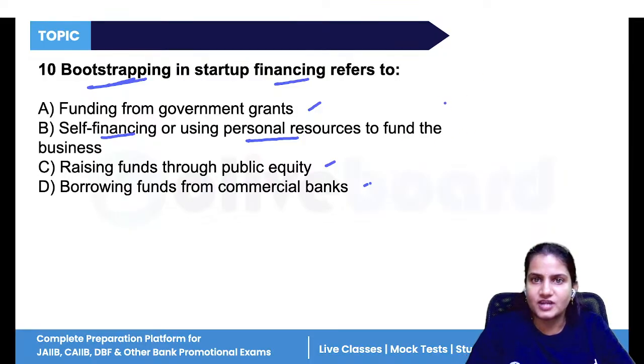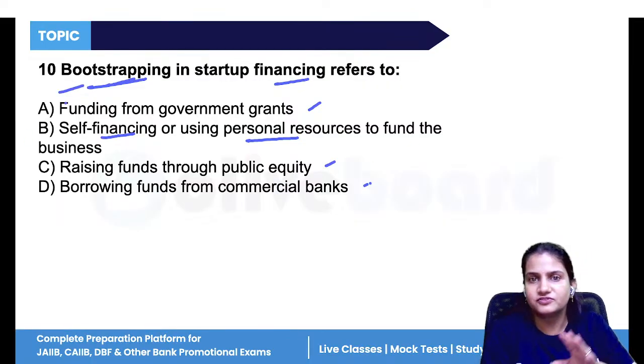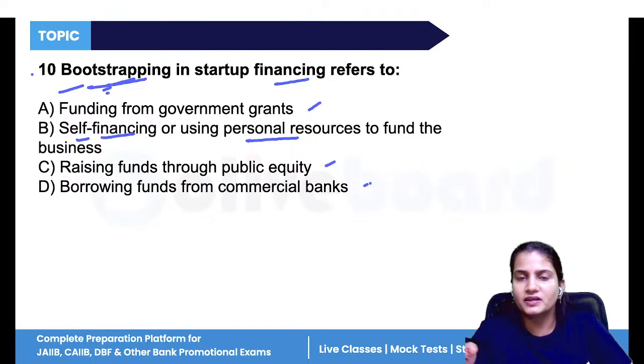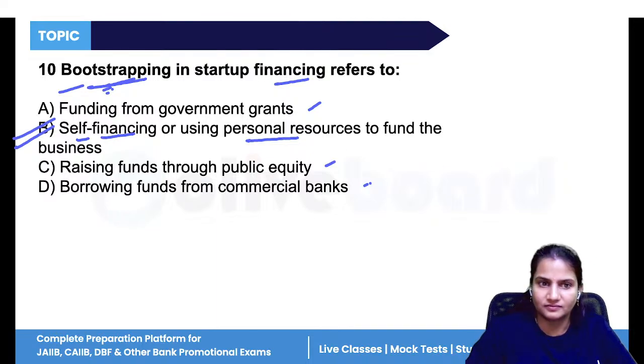So when you have a startup, when you have your own business, and you are raising money through your own sources, means the money which you have saved over years and years, you are using your own personal resources, you are self-financing, that is bootstrapping. So bootstrapping is the process when you are arranging funds with your own money, with your savings, with your retained earnings, with your internal accruals. So option B is the correct answer.